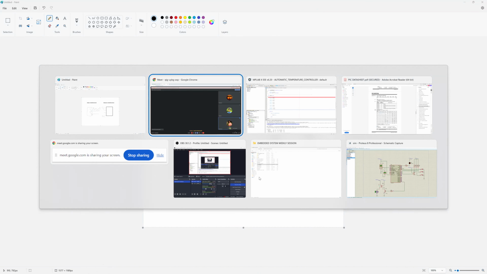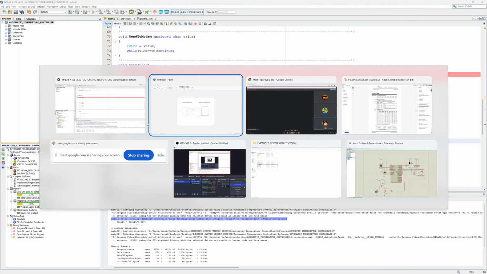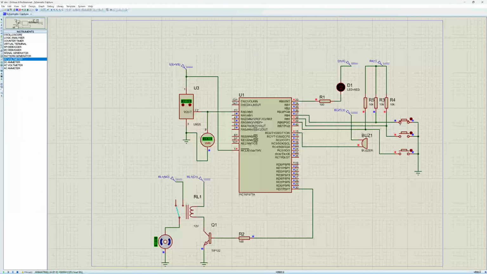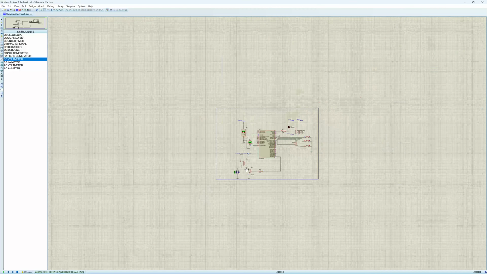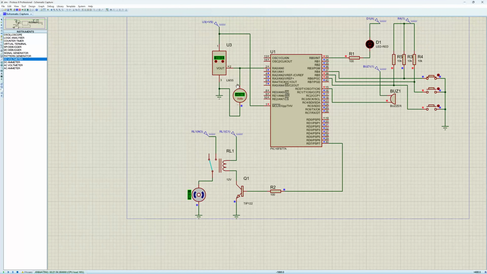Why we are discussing the communication peripheral is because we just interfaced the ADC. This was the customer requirement: the customer requested a fan working based on a temperature sensor. But we wrote a code and it is not working perfectly as we expected, so we need to debug the code.